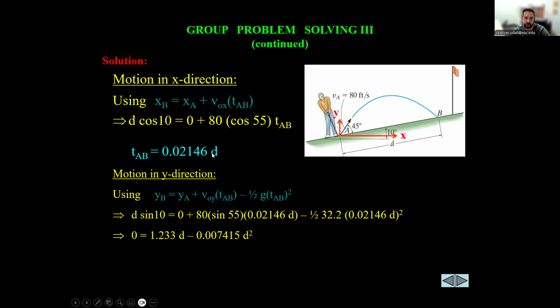If we were to plug in d into this equation in terms of t, then it would just get a little bit ugly. We'd have to solve a quadratic. It's still going to be a quadratic either way. But since we're looking for d, might as well plug it in terms of d and solve it immediately for d rather than solving for t and then plugging back in and solving for d.